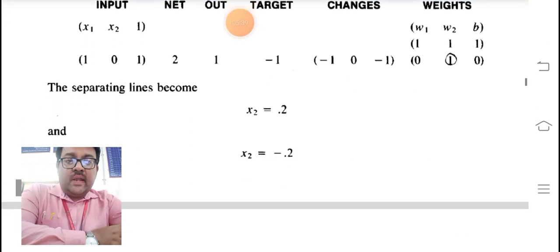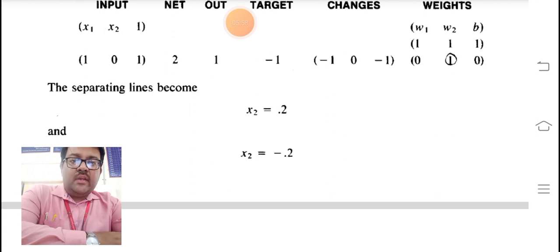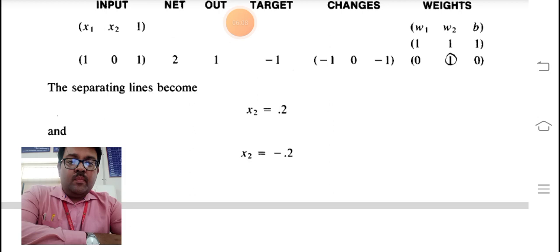Now you need to draw the separating lines. Here x2 is 0 and x1 is 1. Since x2 is 0, for that point x1 is only 1 on the x-axis, so x2 is going to be 0.2.